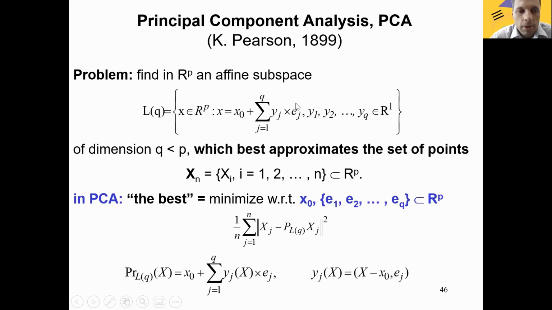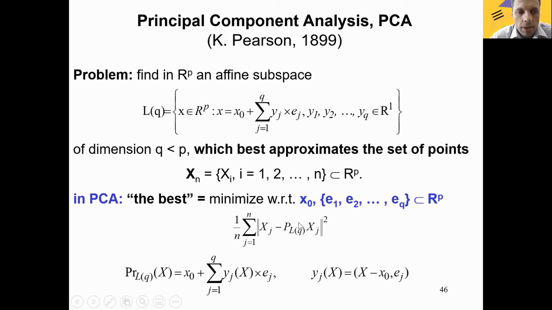In order to estimate these principal components, we take a sample of n points and we minimize the sum of squared residuals between each vector xj and its projection on the linear hyperplane defined by these principal components.